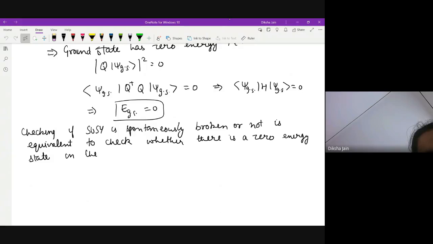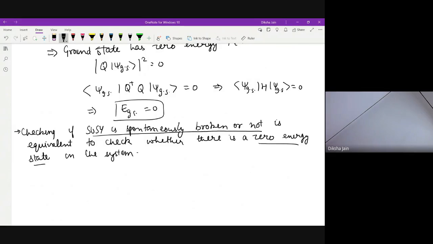Checking if supersymmetry is spontaneously broken or not is equivalent to checking whether there is a zero energy state in the system or not. This is what we concluded, no? So now we want to define a quantity which can tell whether there will be a zero energy state in the system or not. Why do I need to define a quantity? Because given a Hamiltonian, it's very difficult to compute the whole spectrum.